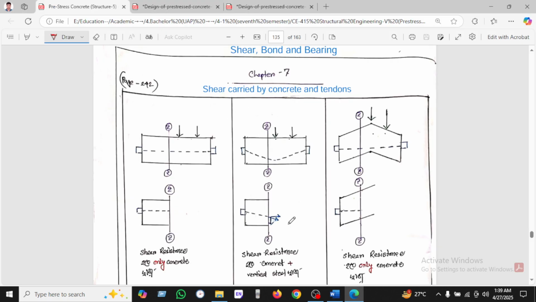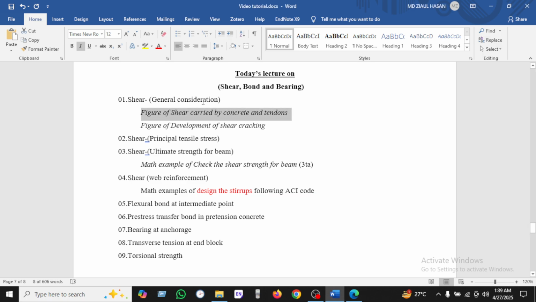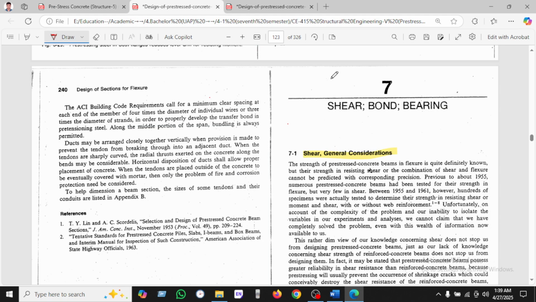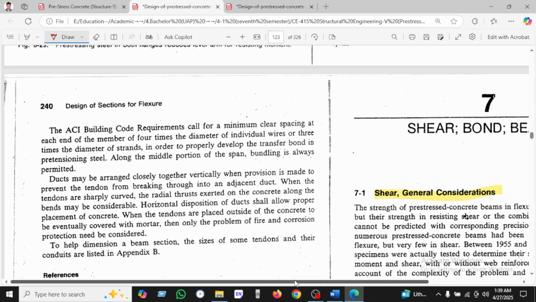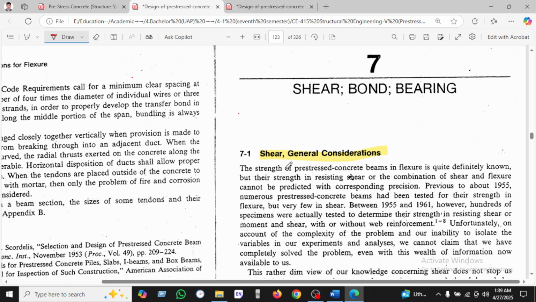We can see here the shear. Before going to shear, I'm discussing the general consideration. In this book, the strength of pre-stress concrete beam in flexure is definitely known, but the strength of resisting shear, or combined shear and flexure, cannot be predicted with corresponding precision.